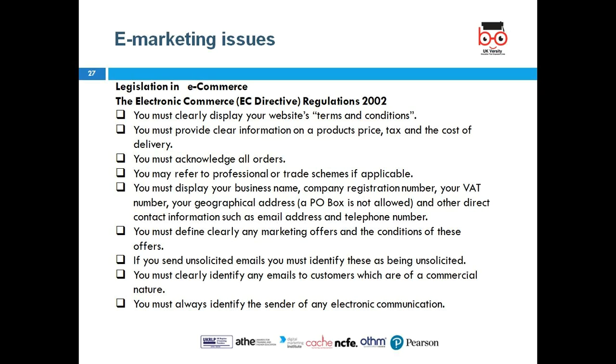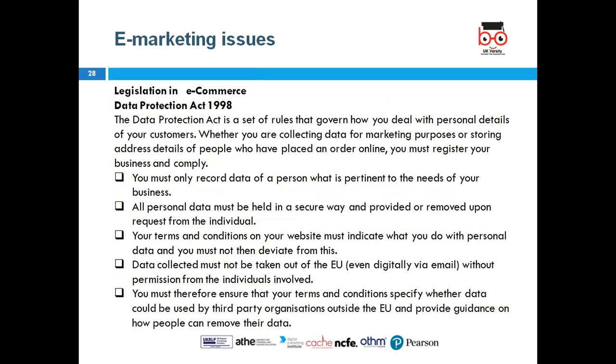Some websites don't display the price very clearly, and when they come to the checkout, VAT is added, extra taxes are added. Even in the UK it's only VAT, but in other countries lots of taxes are applied independently. So this law says that you must display everything clearly, and a few more things.